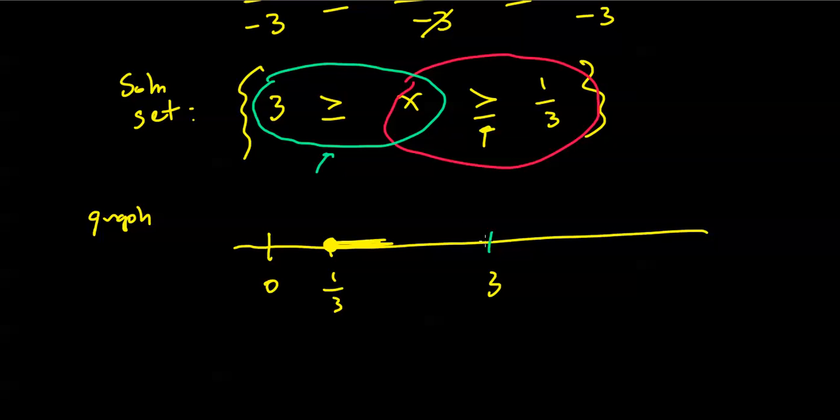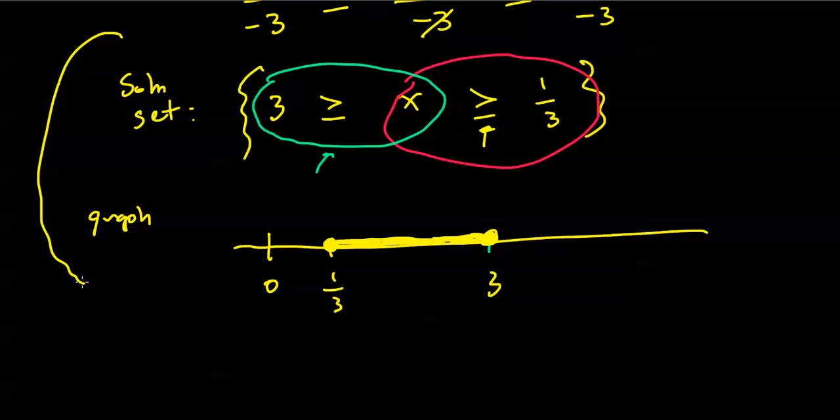Well, so I'll draw a closed circle at the boundary value of positive 3. So if I'm satisfying both of those inequality statements simultaneously, I get all real numbers on the number line between 1/3 and 3. So there's my solution set, and there's my graph.